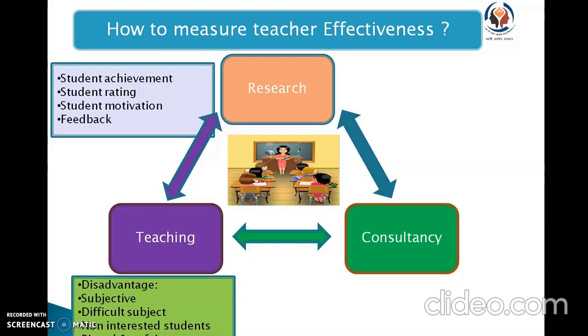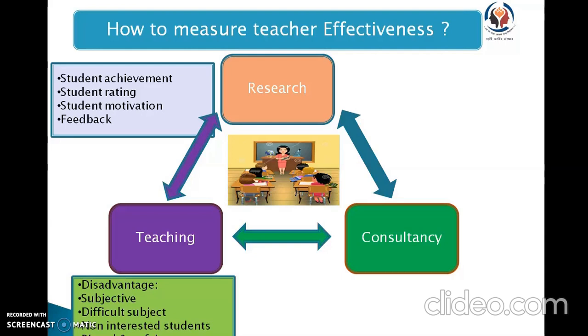Then non-interested students. Some students are interested in some subjects, so accordingly they will give the feedback. And biased and unfair feedback may be there due to the students' behavior and due to the teacher's interpersonal relations.